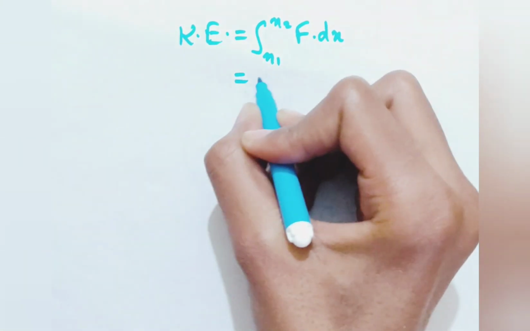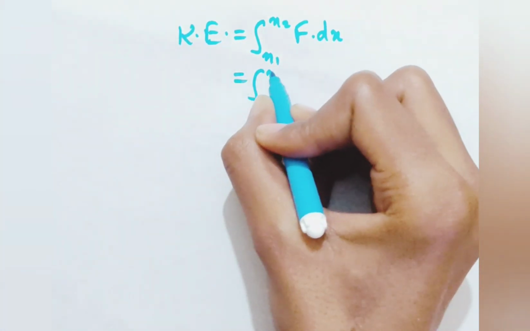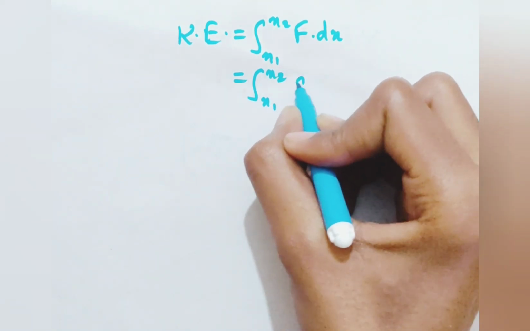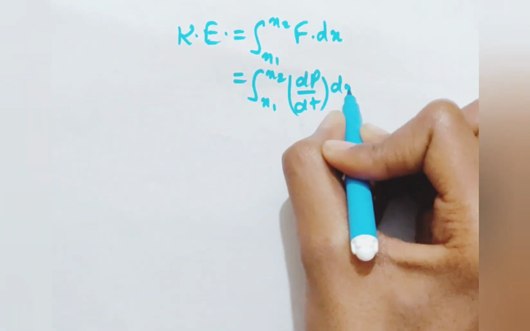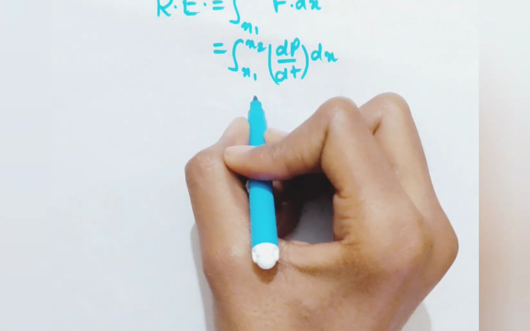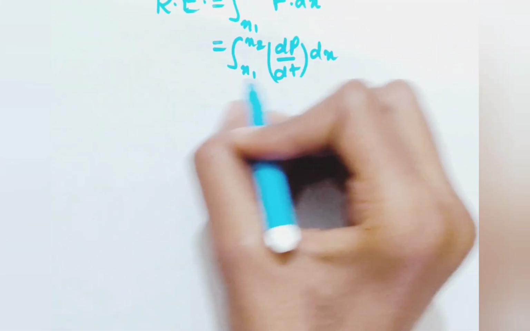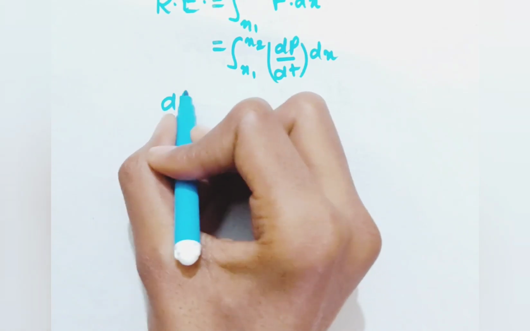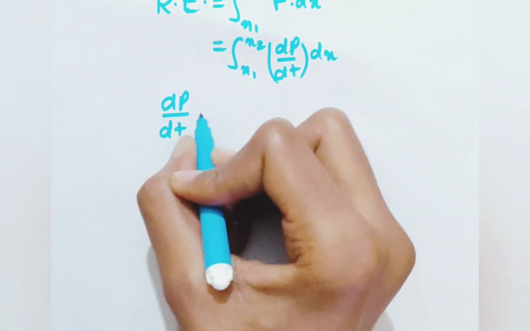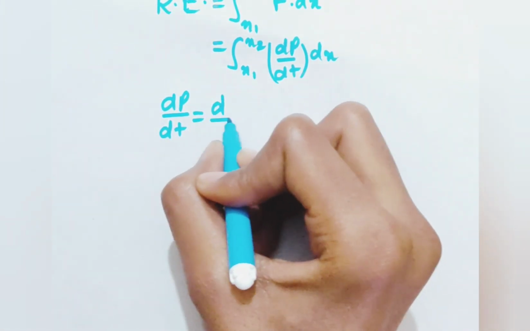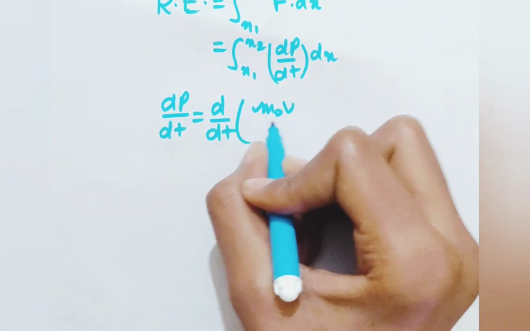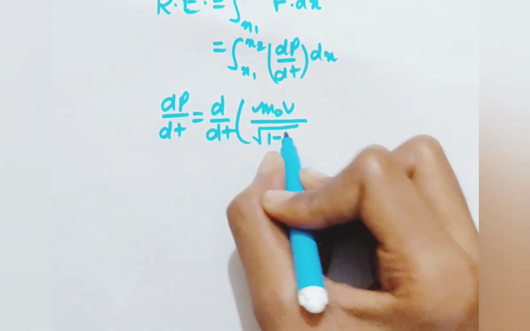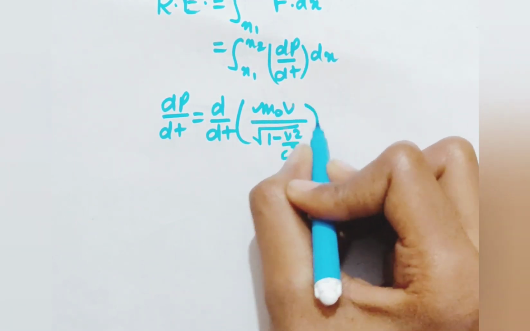Now we can just rewrite force as dp over dt multiplied by dx, and we know the expression for momentum, the relativistic momentum equation, so we can just substitute that in. So m naught v divided by the square root of 1 minus v squared over c squared.